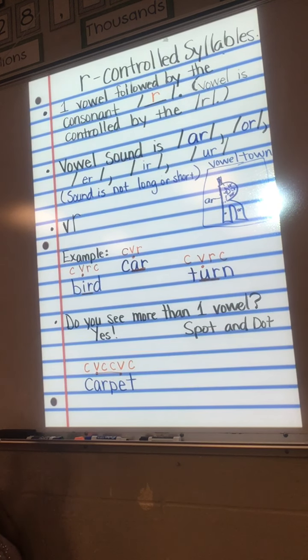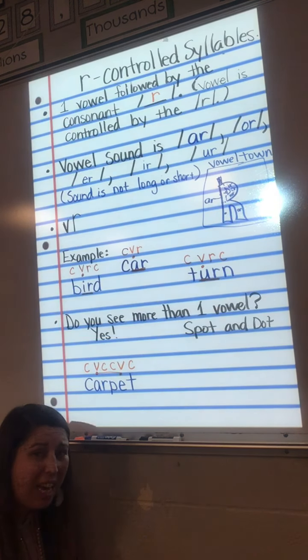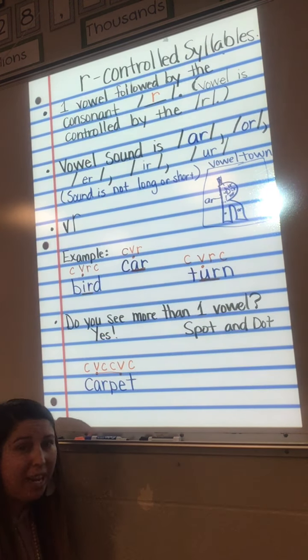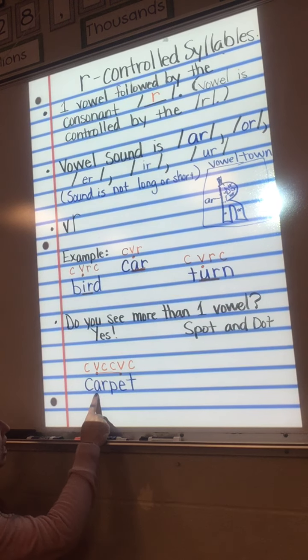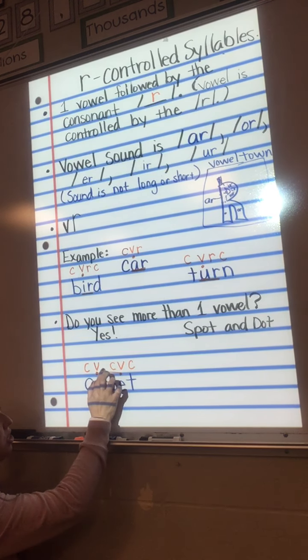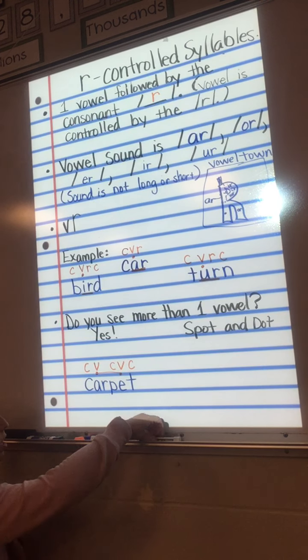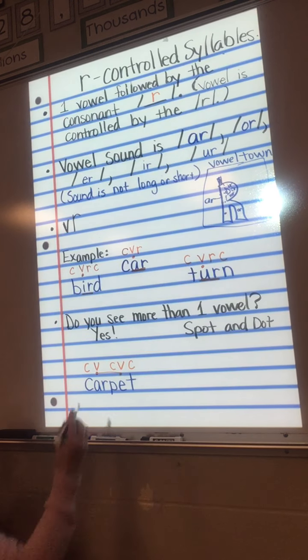So, can we identify an R-controlled syllable? I'm going to see, are any of those vowels followed by an R? So let's look at this one. Here's an E. Is it followed by an R? No. All right, let's look at the A. The A, is it followed by an R? Ooh, I think I'm going to change this to an R. And let's see if we're right, though.